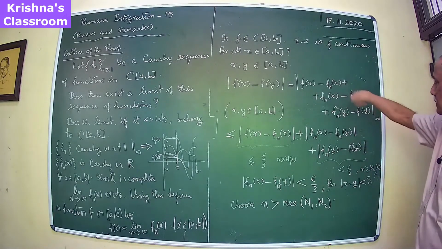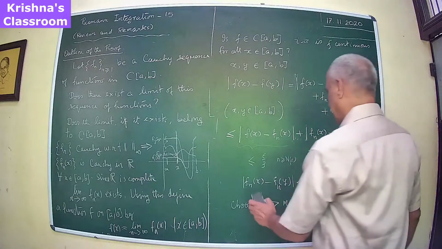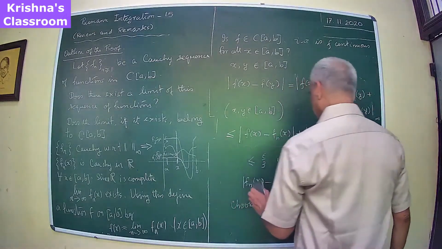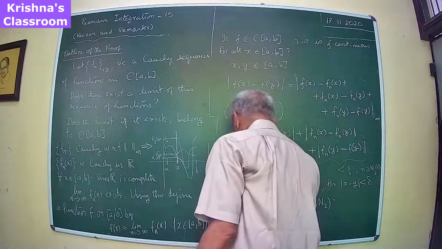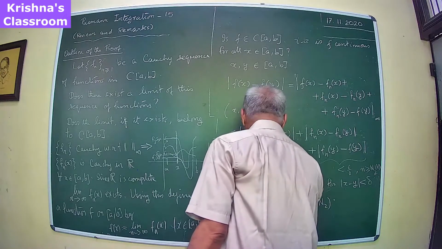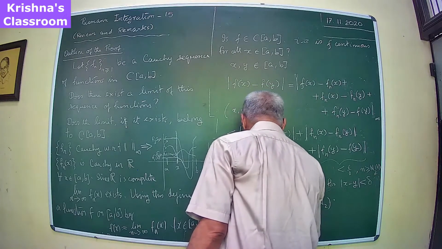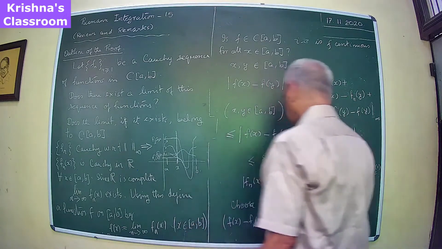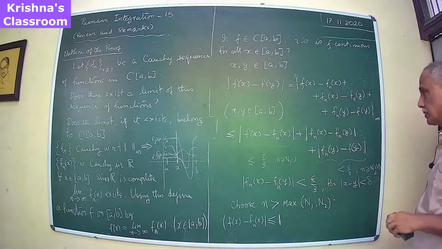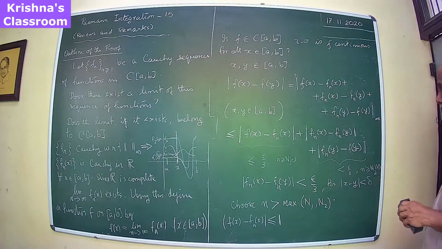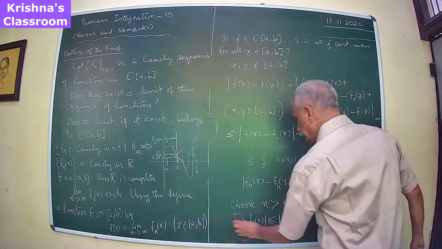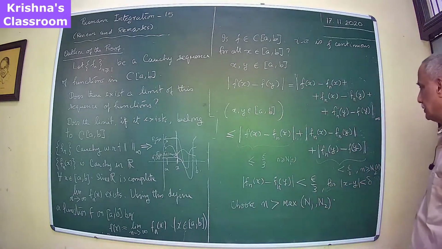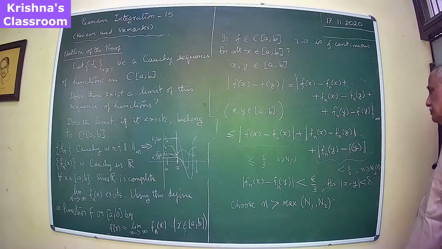So you estimate this. Now what you have then is, you see that fx minus fnx is less than or equal to the norm of, is less than epsilon by 3 that we have for fixed x. Okay.